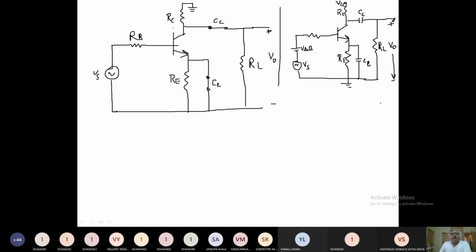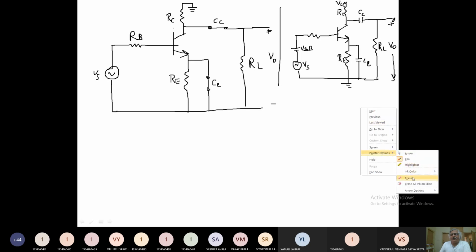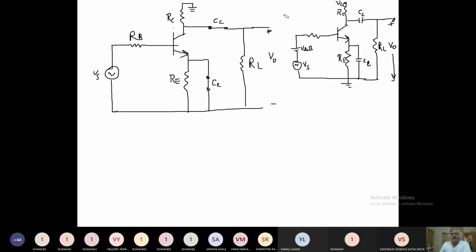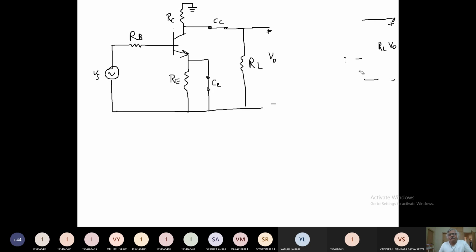Okay, so now this type of figure you will get, right? So now what I do, I will remove this figure. Okay, so this figure you will get.